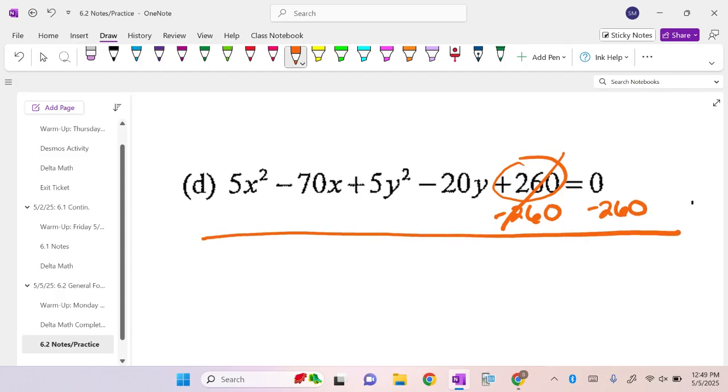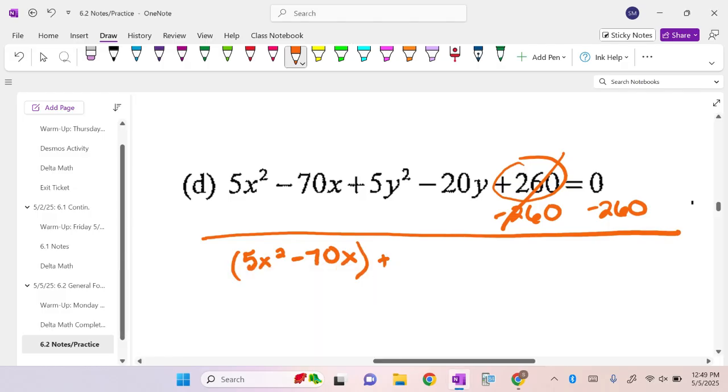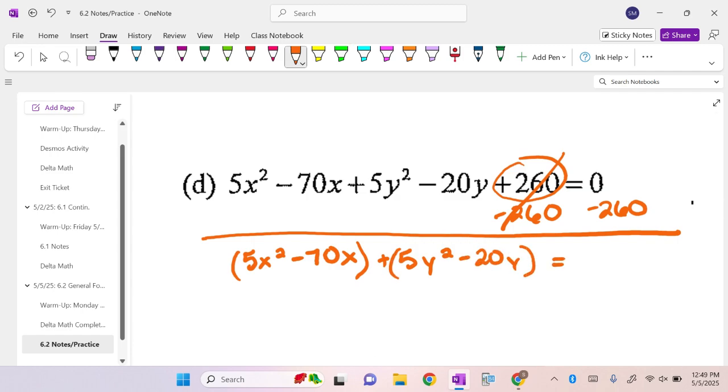That goes away. I'm left with 5x squared minus 70x, and I'm going to go ahead and put that in parentheses, plus 5y squared minus 20y, put that in parentheses, is equal to negative 260. Now, this is where it's going to differ a little bit.